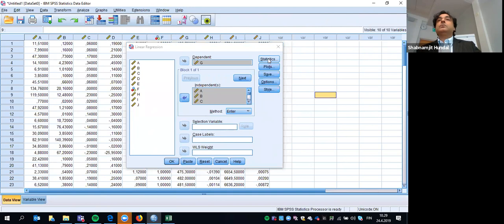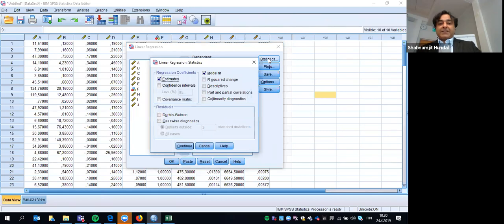we go to statistics here. And in statistics, we choose the confidence interval. Can you see the confidence interval? 95%. So if the confidence interval is 95%, what is the level of significance? 5%. It means that by default, SPSS accepts the results which you can say with 95% confidence.